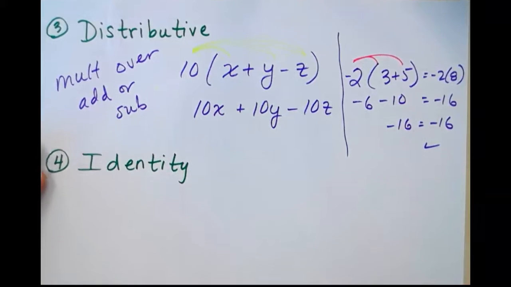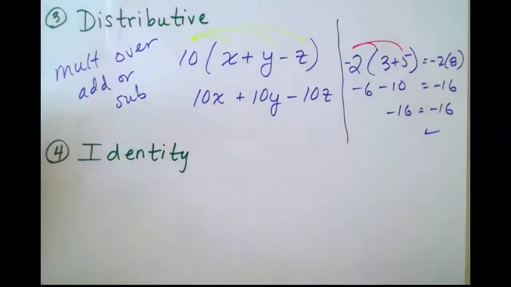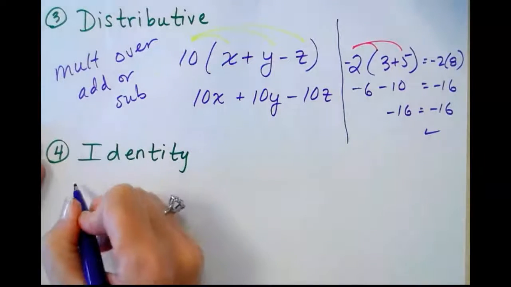And then finally is the identity. We don't say, oh, this is the identity very often, but we use the identity quite often when we are solving, when we are renaming a fraction, when we are simplifying. So we have two different identities.